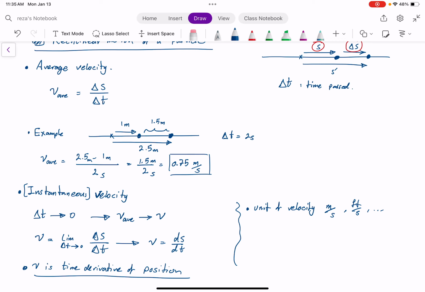Notation wise, we can also write V is S dot, a dot on top. This is a shorter notation for the first time derivative.